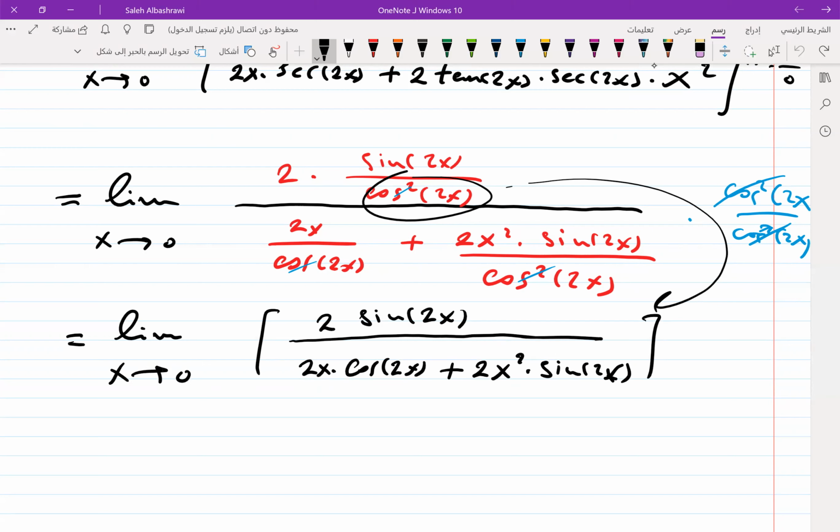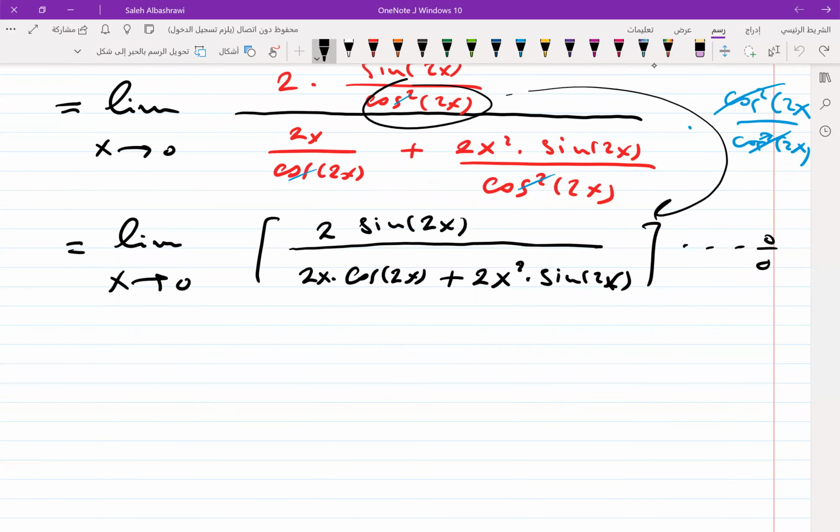You can see this is 0 over 0, which means now I will differentiate this, because this will be easier to differentiate, applying L'Hopital's rule. So this is equal to the limit of: for the numerator, I will have 4 cosine 2x. For the denominator, we can apply the product rule.